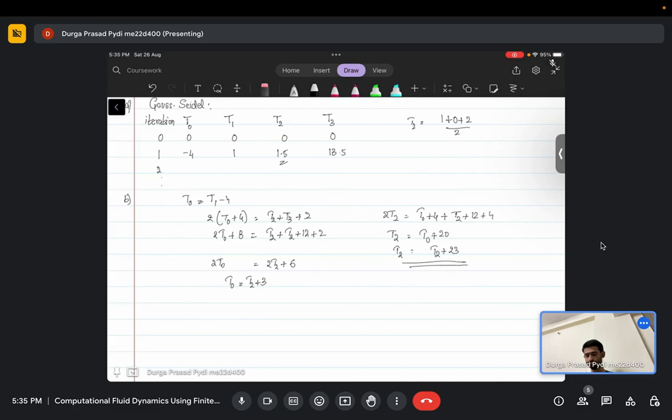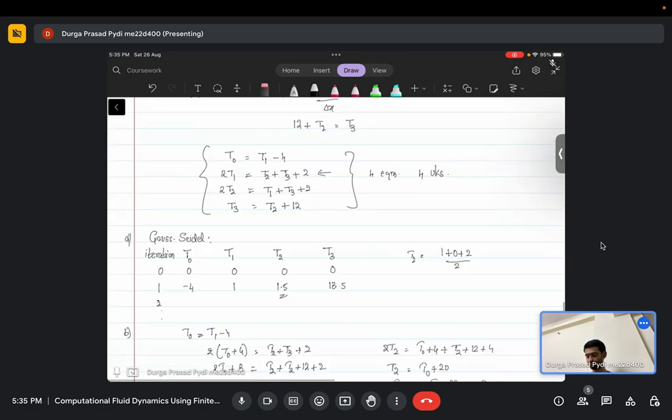So what just happened? Basically, if I try to substitute and solve, then essentially all these 4 equations are actually not independent. One of these is dependent, or you can get one equation from just using the 3 other equations.